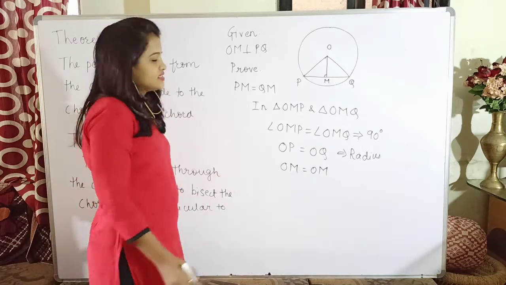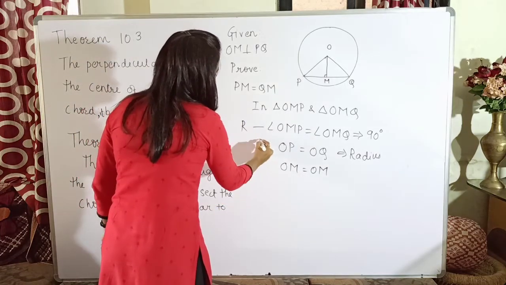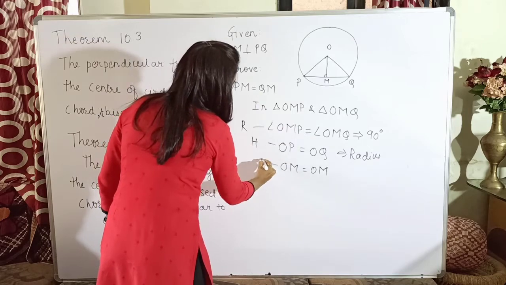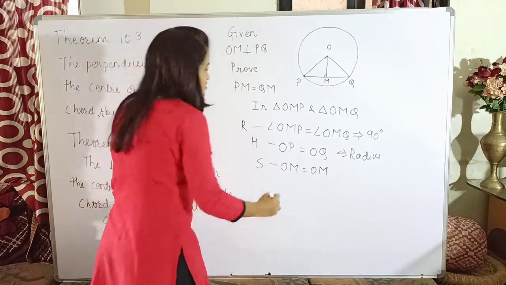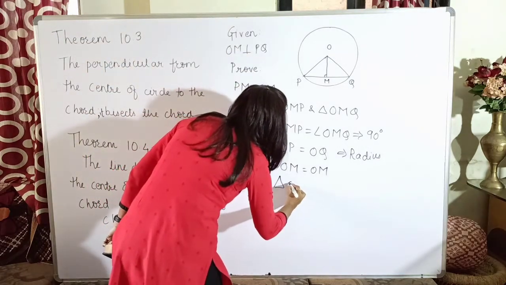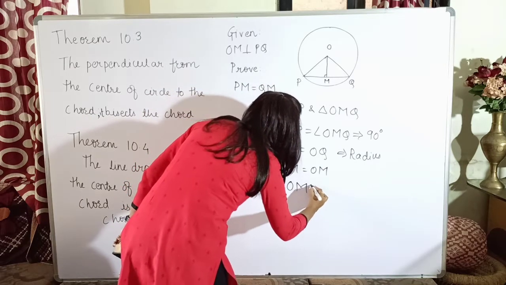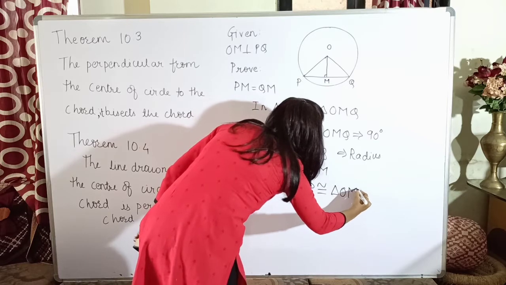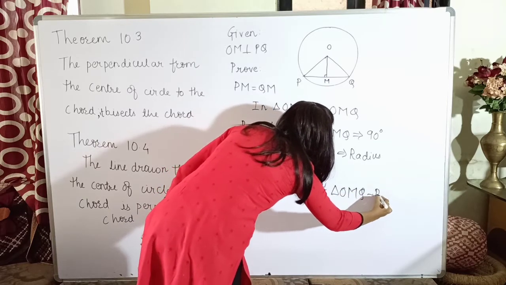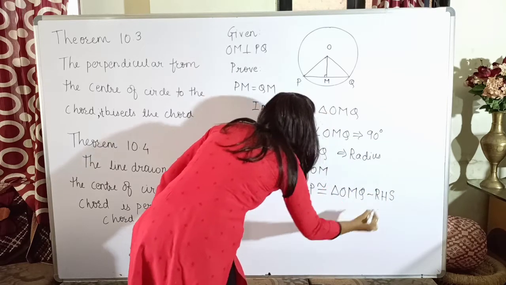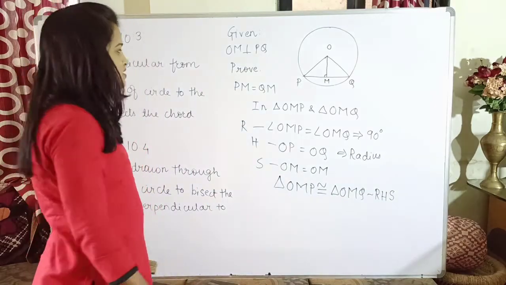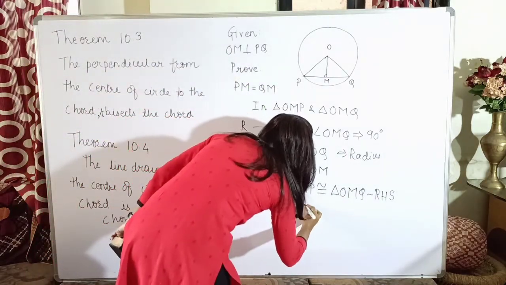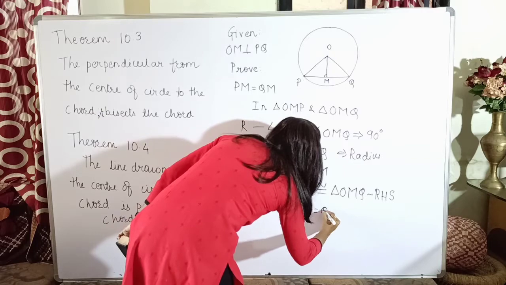And the third thing is a side. So definitely the two triangles are congruent by RHS congruency. So I can write triangle OMP is congruent to triangle OMQ by RHS congruency, and therefore by CPCT I can state PM is equal to QM.